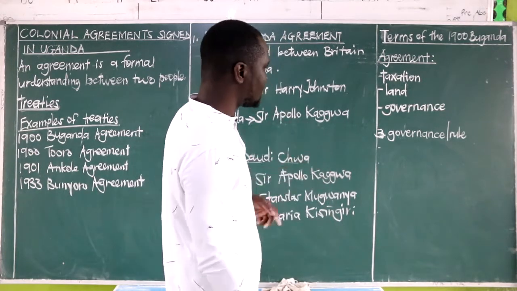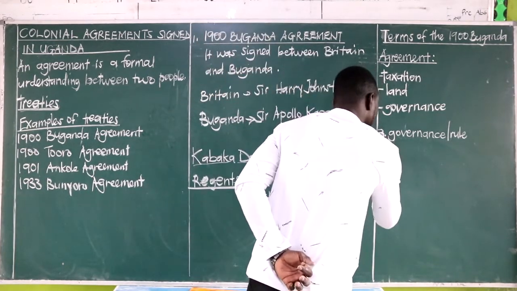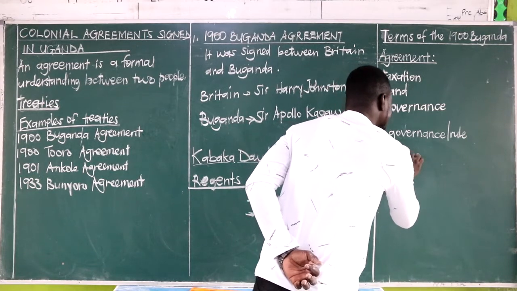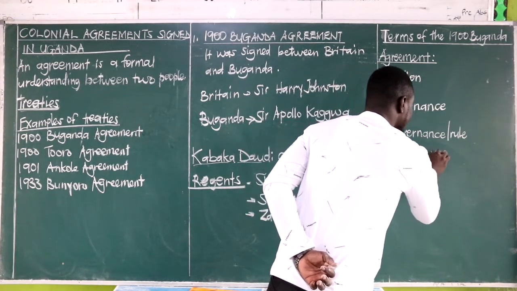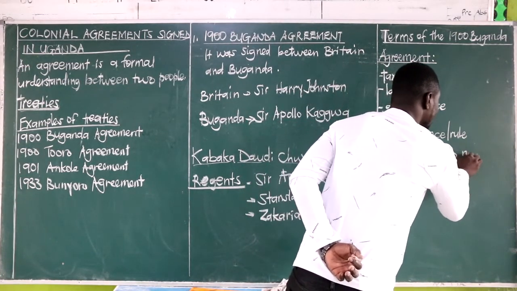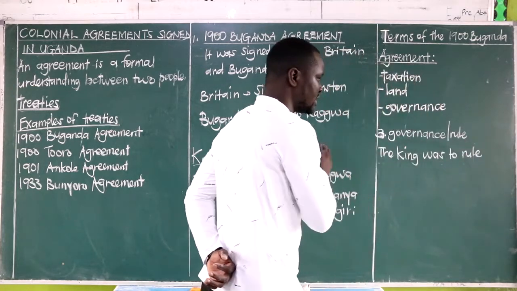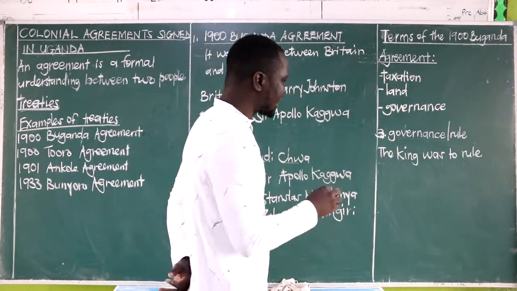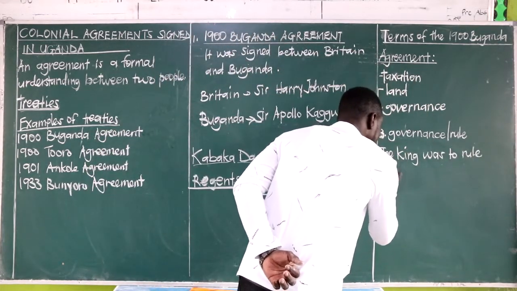So we shall simply say the king was to rule his kingdom. If you are asked to explain these things, please, that is what you are going to state.